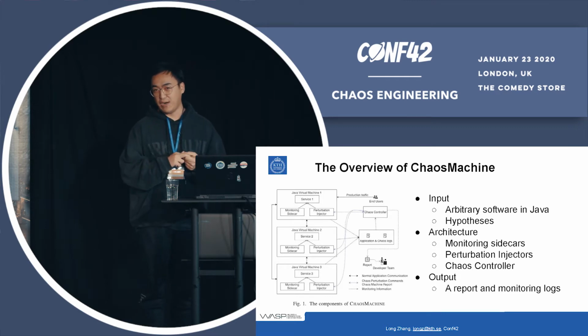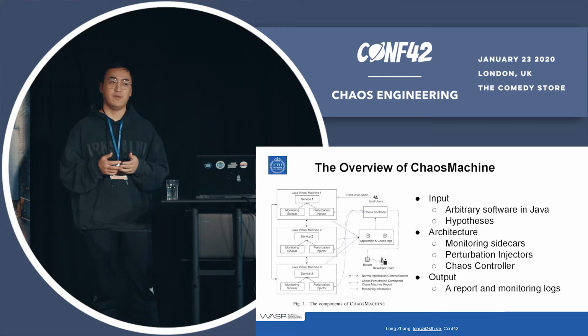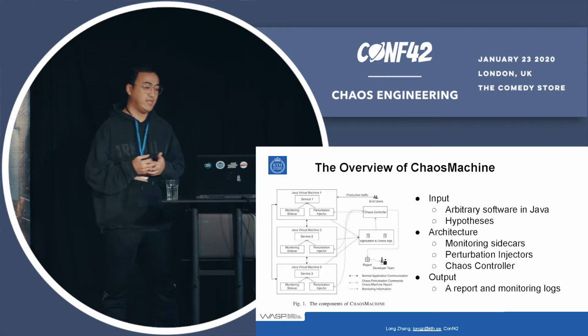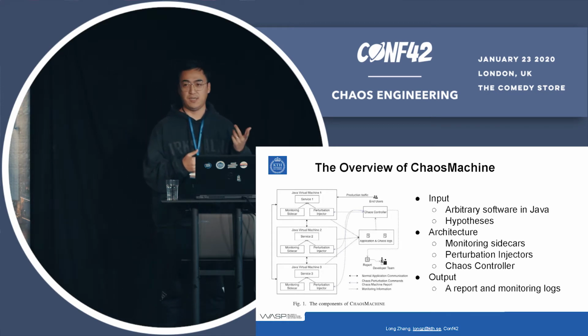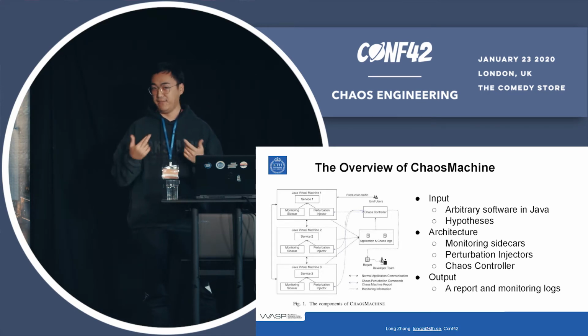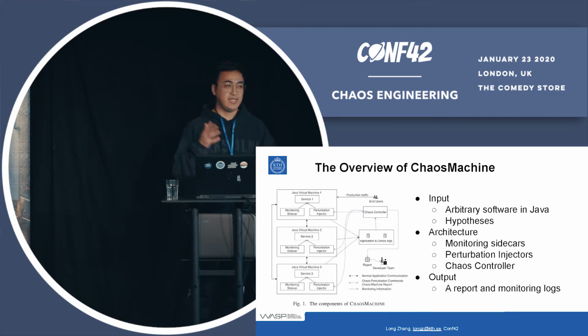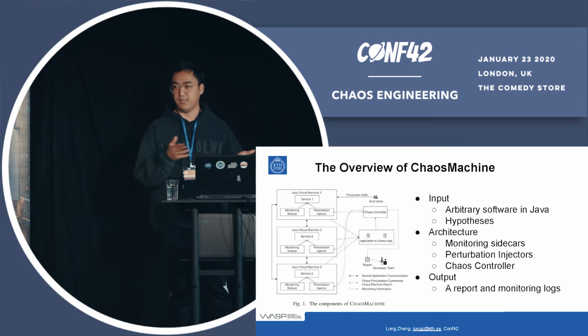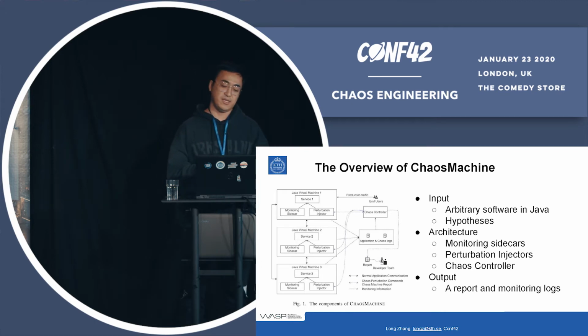So this is the architecture of the chaos machine. In a production-like environment, we don't have access to the source code anymore, but we could use the nice feature provided by the JVM, which is called the Java agent, to instrument the bytecode. So we attach a monitoring sidecar and a perturbation injector as agents to different services or different instances in the JVM.